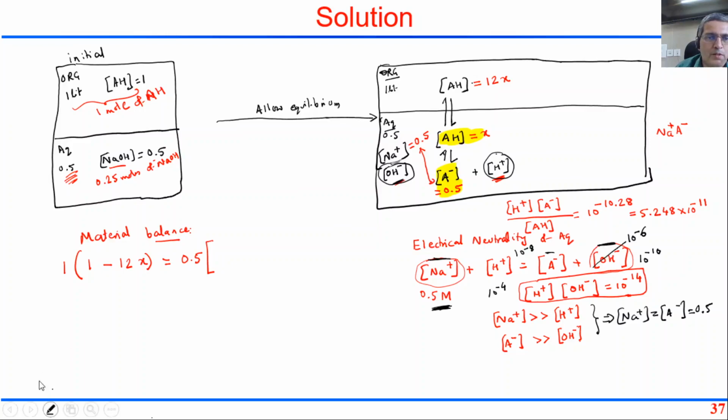So it would be 0.5 into x plus 0.5. Right? So this 1 minus 12x would be 0.5x plus 0.25.